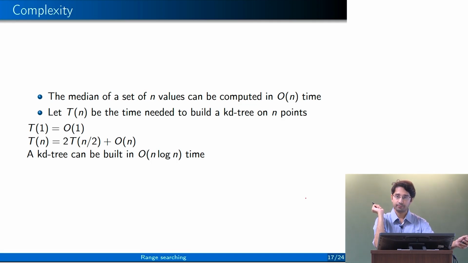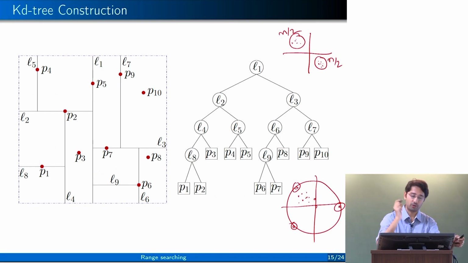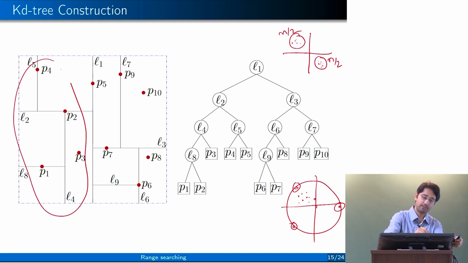Are the points sorted? If they are sorted, then the median is constant. Initially the set of points is sorted, right? X axis, y axis. Are the points sorted here? You have a sorting of all the points, but you have to find a median for these points as well.